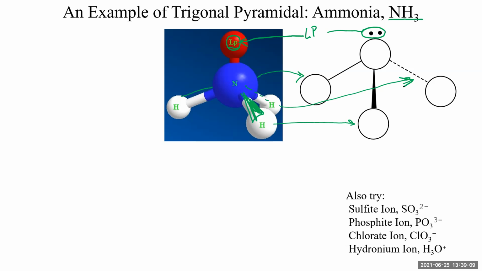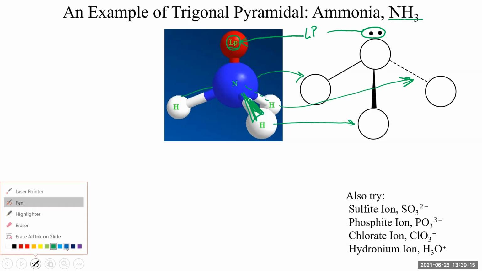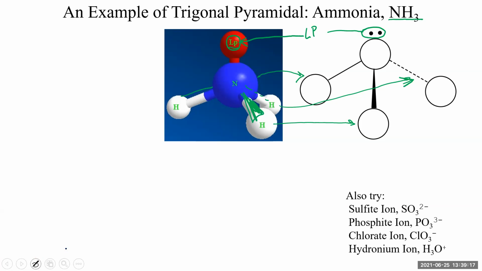So let's draw the molecule. Let's go with dark blue. So we have nitrogen, hydrogen, hydrogen, hydrogen, and then I'll make sure that my nitrogen has a lone pair on it.